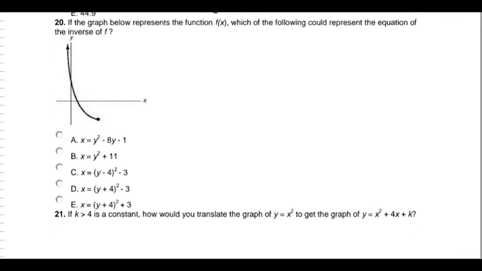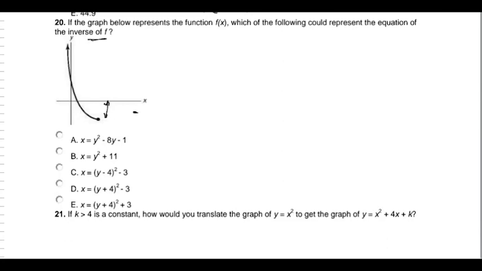Okay, if the graph below represents the function f of x, this is question 20, which of the following could represent the equation of the inverse graph? So if we look at it here, we can see that it's to the right of the x-axis. If we look carefully, if it is the inverse of f, then we have to change the sign.